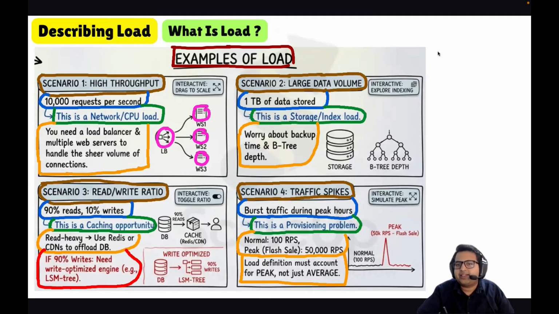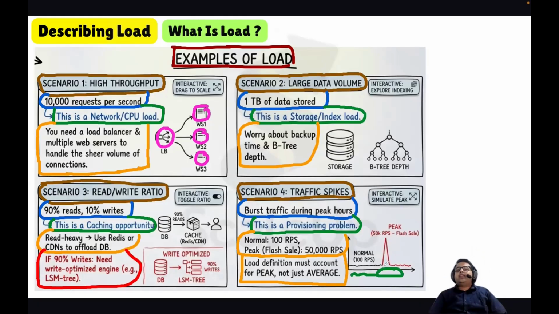So if we look at this graph, normally it is 100 requests per second, but during a particular time of the day, or because of some flash sale, there was suddenly a traffic spike, like 50,000 requests per second we started getting.